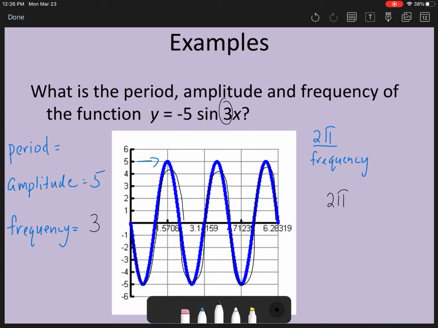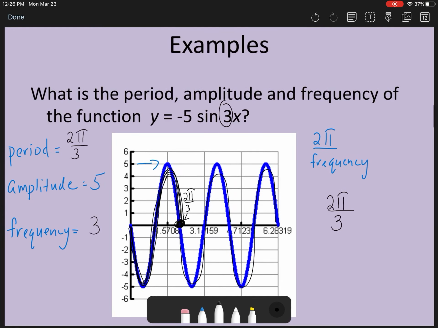So to find the period, we're going to do 2 pi over the frequency, which is 3, and you can just rewrite that as 2 pi over 3. That's it. Okay, so this is where 2 pi over 3 would be, because that gives us the one full sine curve, okay?